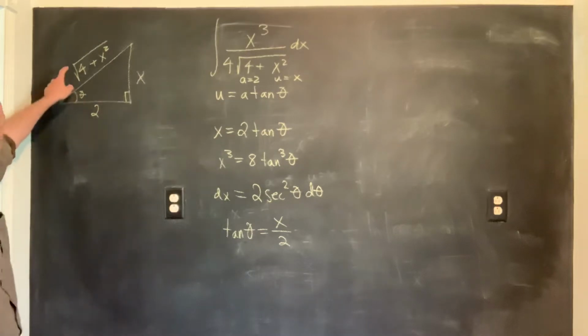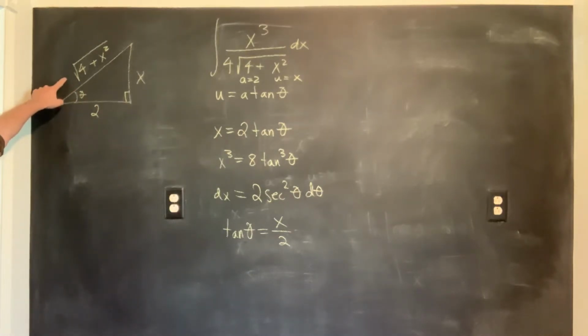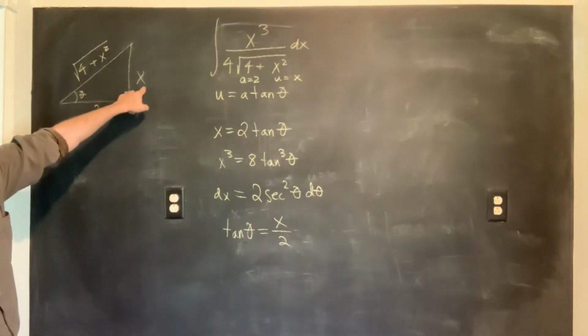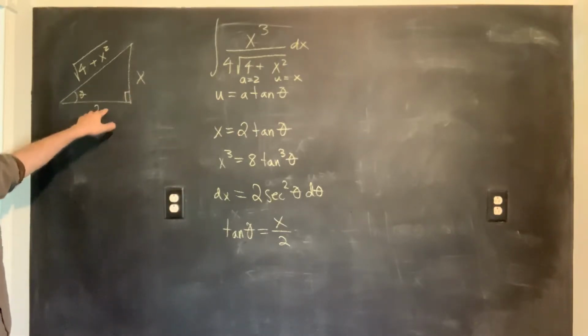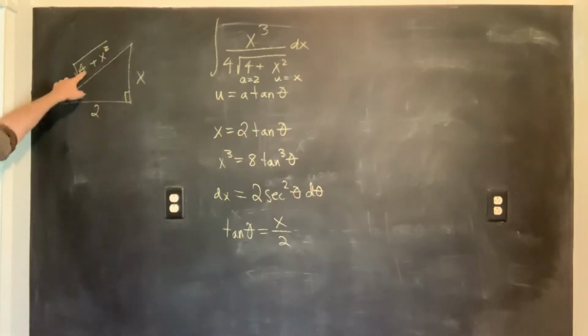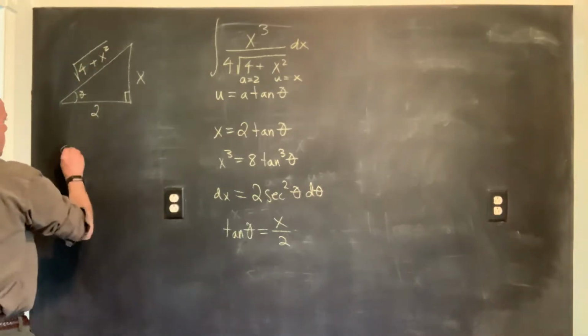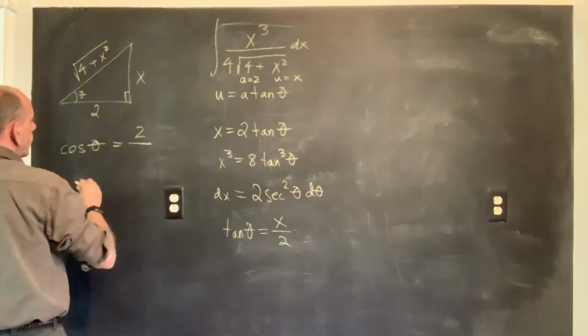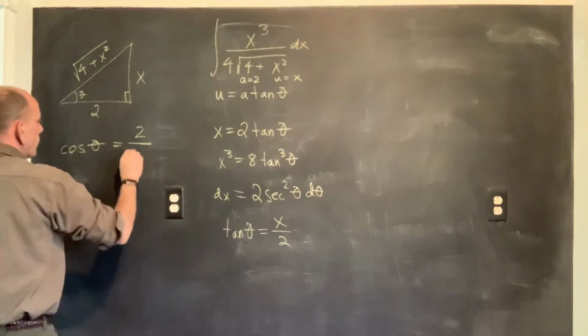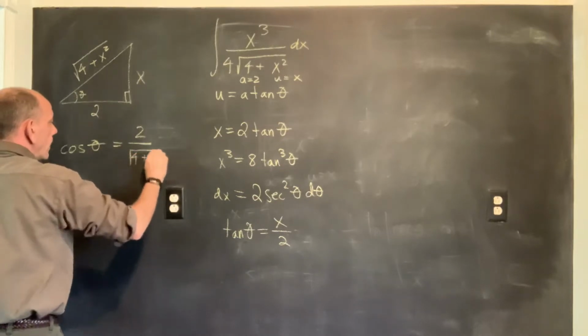All right, I'm on the track of trying to get the root. Again, I don't want to reintroduce another x, so I'm going to use the adjacent side. Adjacent and hypotenuse, that is cosine again. The cosine of theta is 2 over the root of 4 plus x squared.